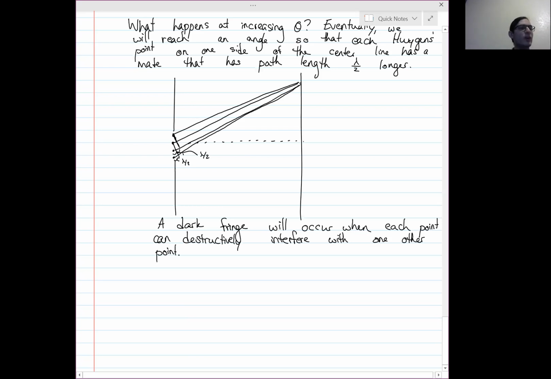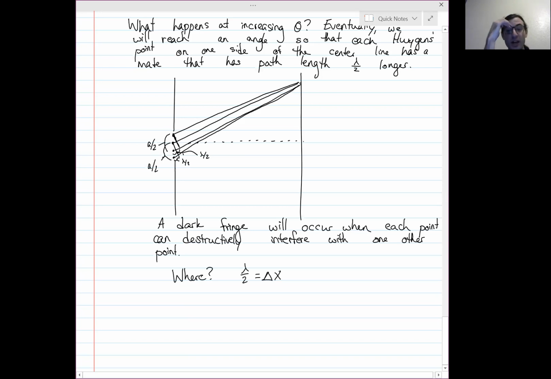So the question is, where does this happen? Like at what angle? And so, by the way, this distance now is a over 2. And this distance is also a over 2, because they're halfway away from each other. So we need that lambda over 2 is equal to delta x, right? Delta x being the path length difference.